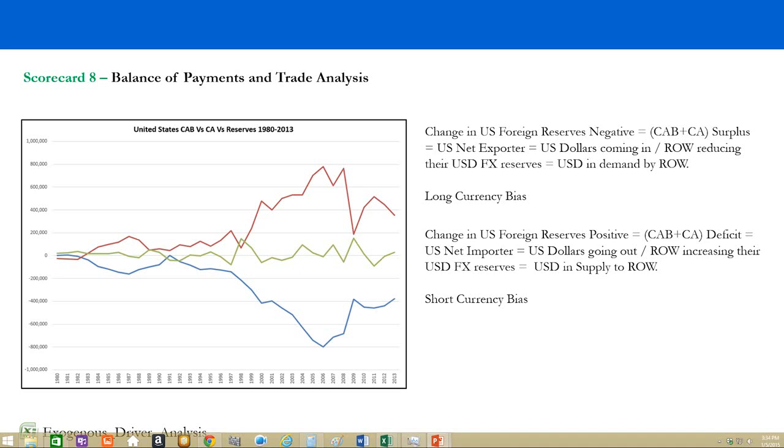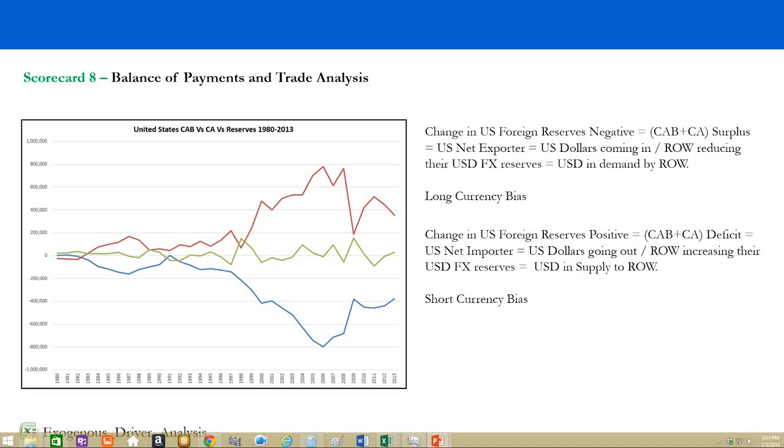So the US is a net exporter, and the rest of the world is shipping US dollars to the US. There's more US dollars coming in. So the rest of the world is reducing their US dollar FX reserves. That by default means that the US dollar is in demand by the rest of the world. So this means we lean towards having a long currency bias.